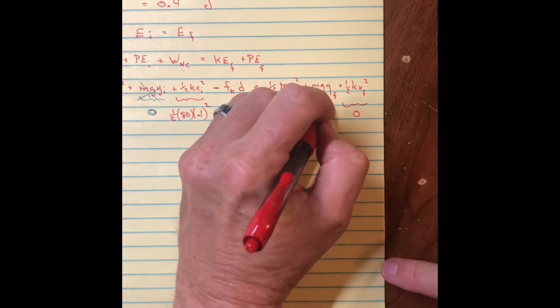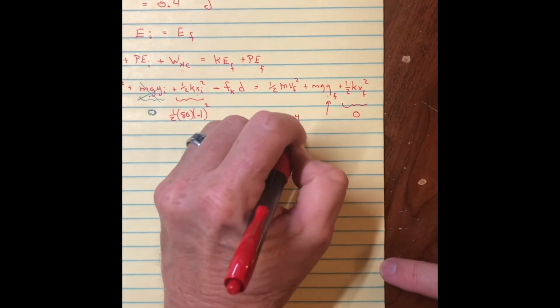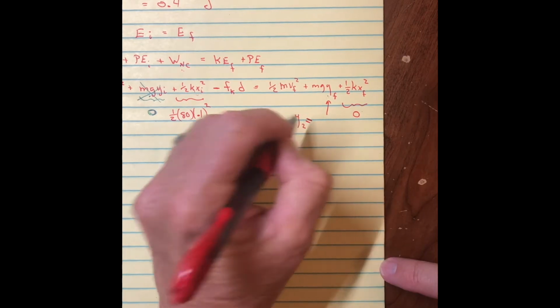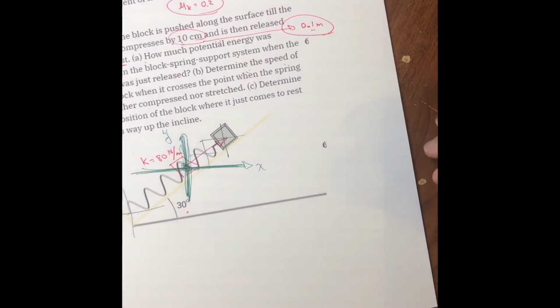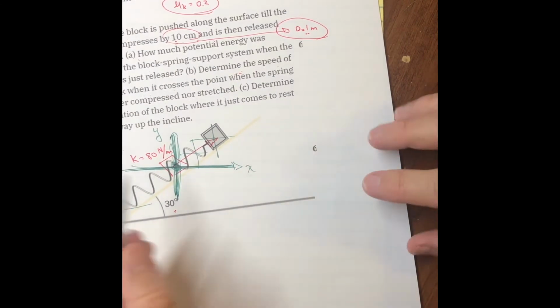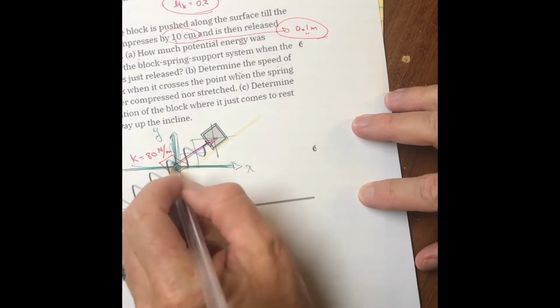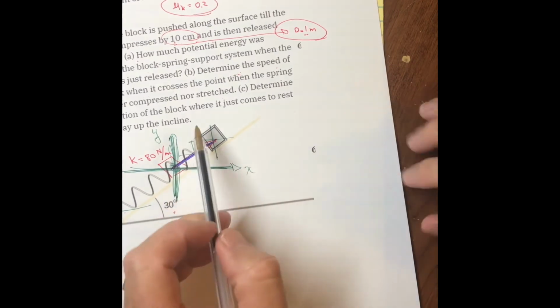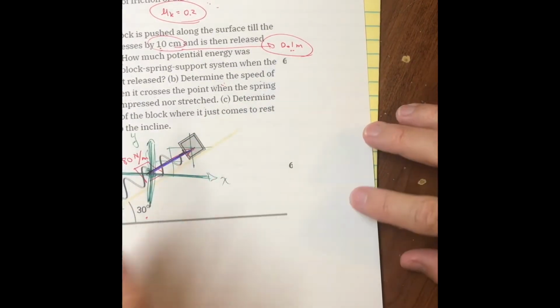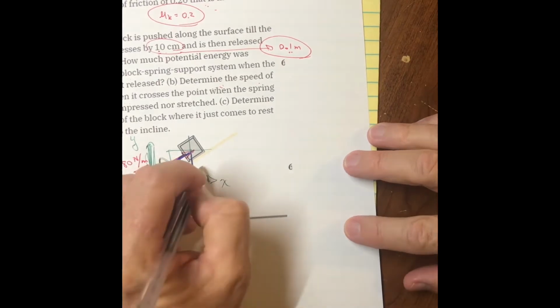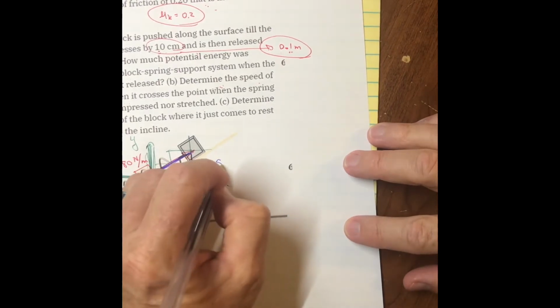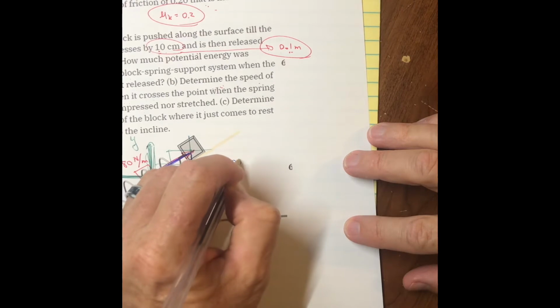Now, this y final probably can be seen in this picture. If it went up the incline, as we're saying, 0.1, it would have gained a height of 0.1 times the opposite of 30 degrees.